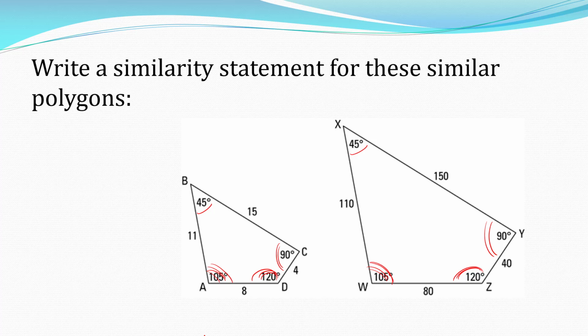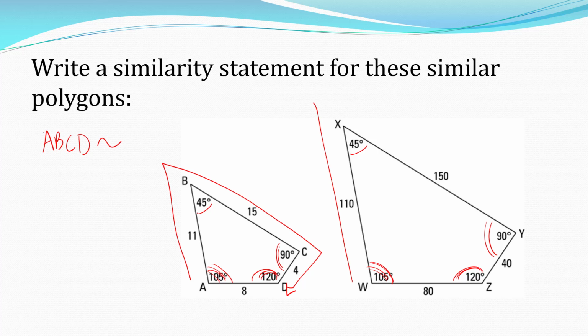And so now if I start with shape ABCD, it is similar. Notice similar is just the squiggle. It doesn't have the equals like a congruency. So ABCD, I would have to match that with WXYZ. So those would be similar.